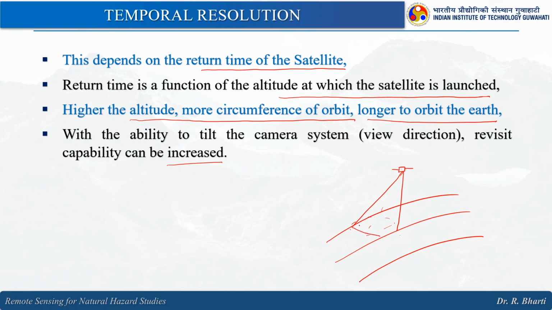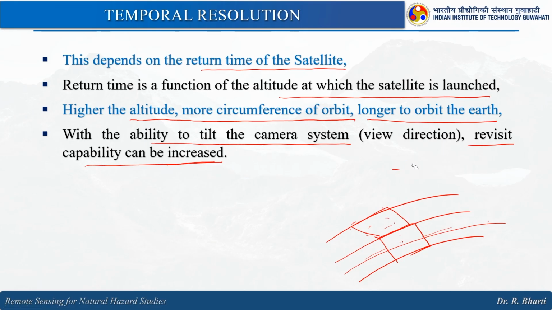So, here your image will be generated, but for this location it has to come again, and only when the orbit is matching with this will this area be covered. But if we can tilt this camera from here itself, we can capture this area, right. So, this is the meaning of this. With the ability to tilt the camera, revisit capability can be increased. I hope this is clear.